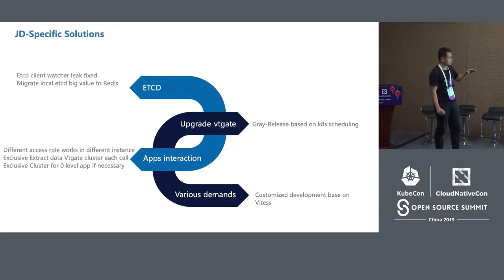Later we are going to provide the PR to the official project. And next is about the big value. We are going to link the etcd to Redix. As for the upgrade of the VT gate, we are going to utilize its characteristics to do some unaware upgrades on the client side.